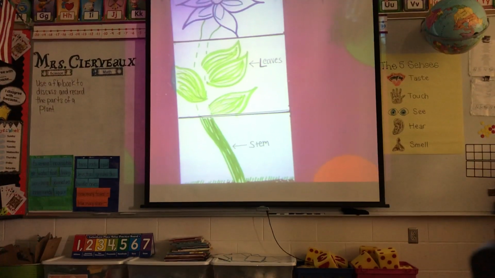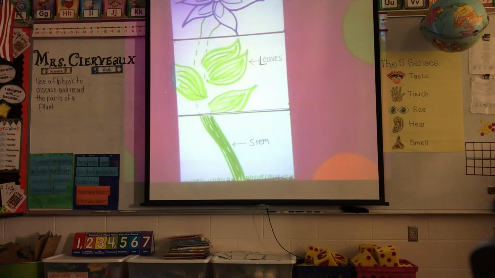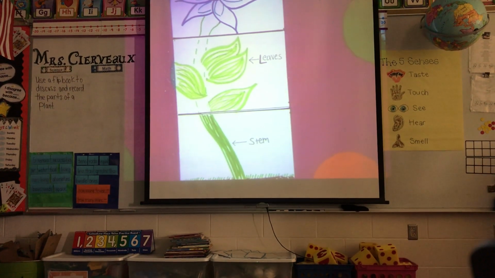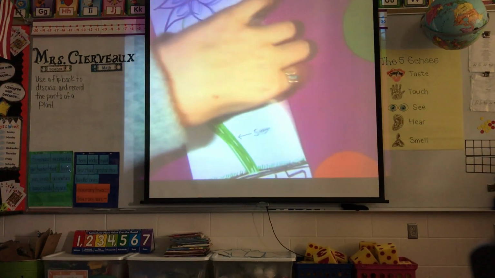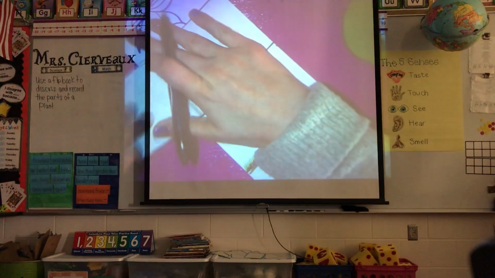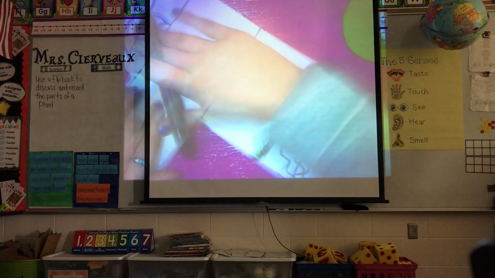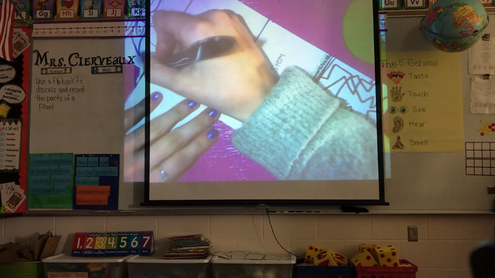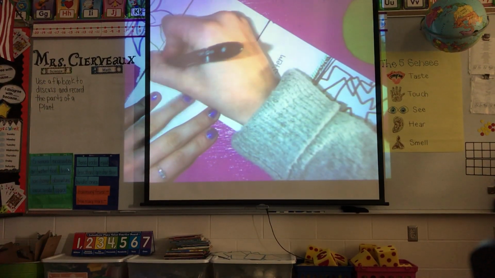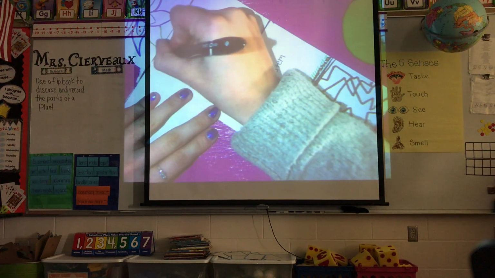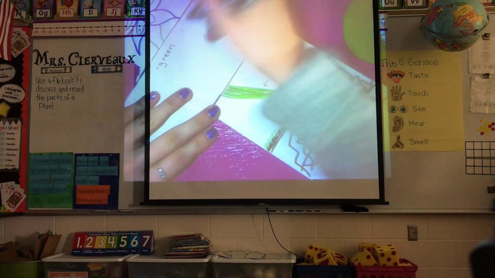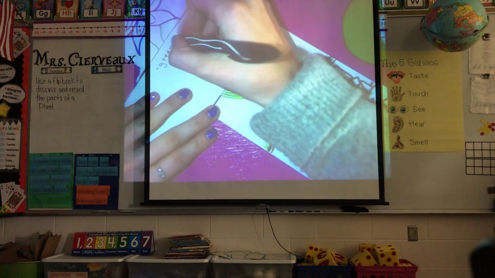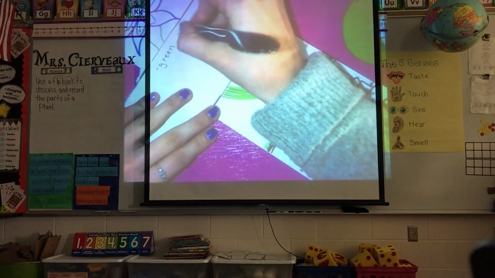Yes. What do the leaves look like? The leaves are green. You can write that they're green. Do you think they could be any other colors though? Yes, red. I'll take quiet hands. Who else thinks that they can be another color? What other colors can they be? Yes. Orange and red? Yeah, you can write those too.